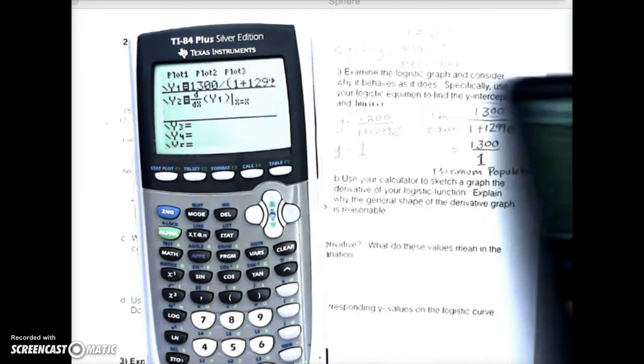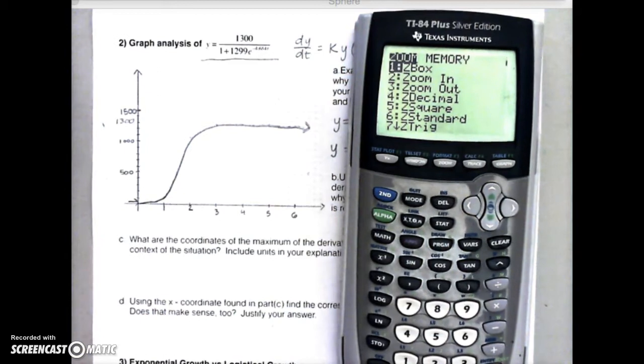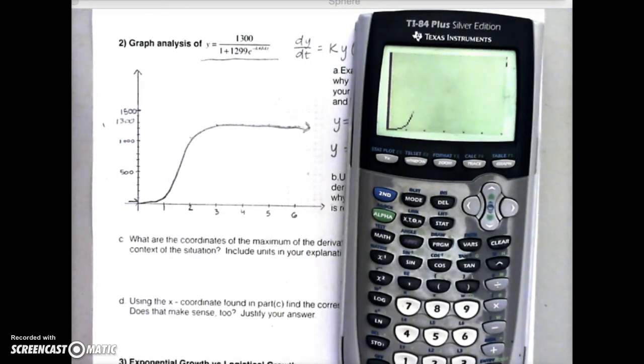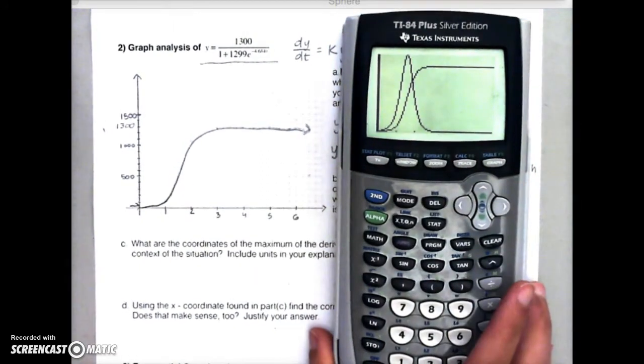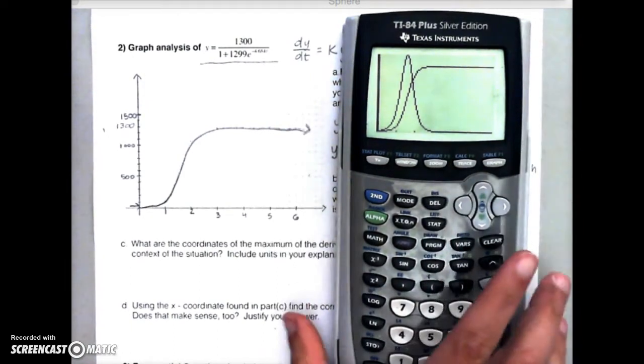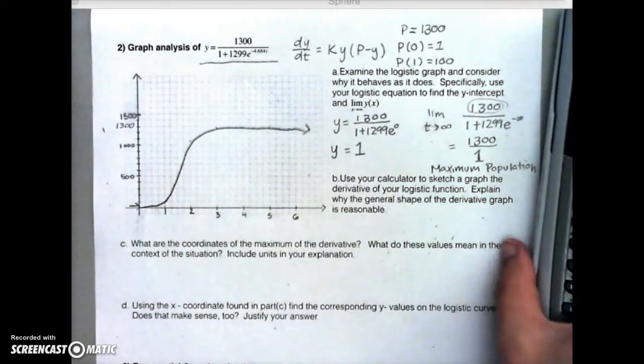I'm just going to hit zoom fit again, just in case my derivative doesn't fit in the window. There's the logistic curve, and here's the derivative. And the question is, explain why the general shape of the derivative graph is reasonable.